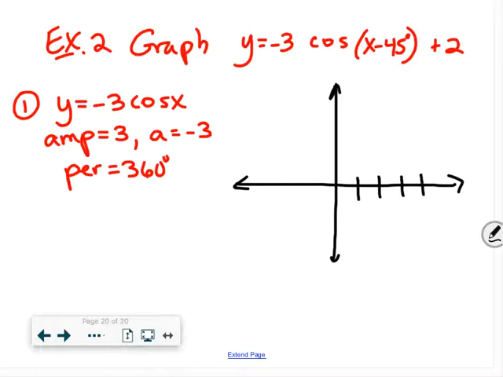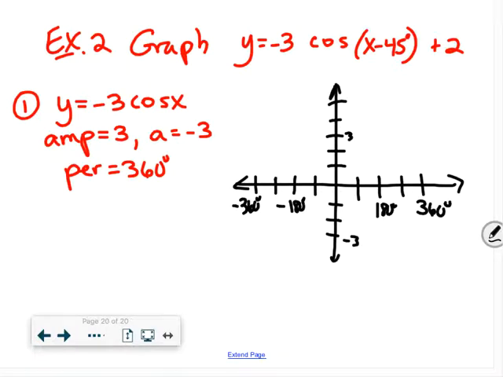I'm going to make 4 ticks to the right, 360 degrees, 4 to the left, -360. So I'm going to go up 3, down 3. But let's be proactive and make 2 extra ticks going up because I do have a vertical shift of up 2.